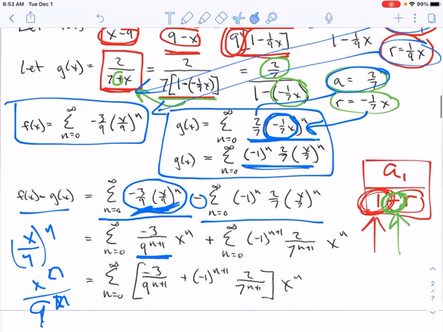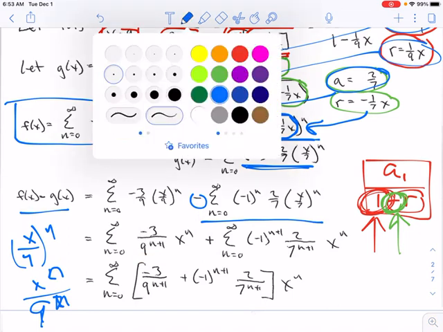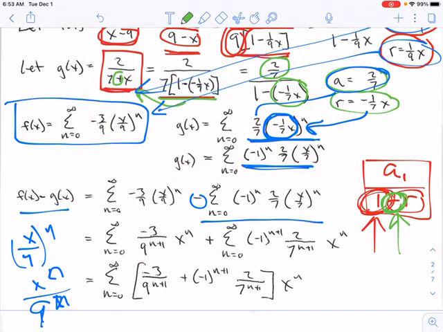And so we've done things similar to this in the previous section. But once again, this is 9 to the first power. This is 9 to the n power. We're multiplying the denominators, so it would be adding the exponents, 9 to the n plus 1. And in the numerator here, it's just 1 to the n, or 1. So 1 times negative 3 is negative 3, and times x to the n.